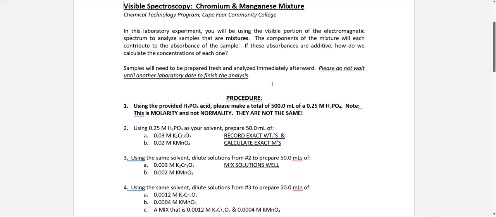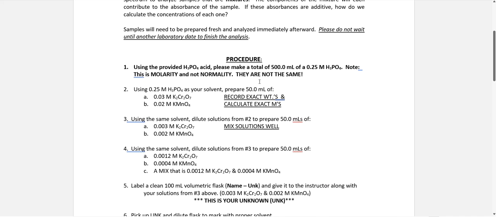So just a quick review of the procedure. Depending on the year, we might make some slight changes, so just follow suit. The basics of the lab experiment will be there. Number one, we used phosphoric acid and made a big batch so we could dilute everything with it, because it keeps everything in solution better. Number two, use that as your solvent.